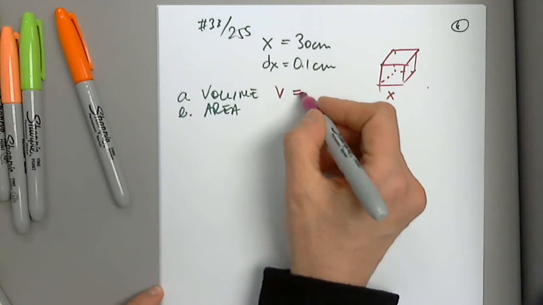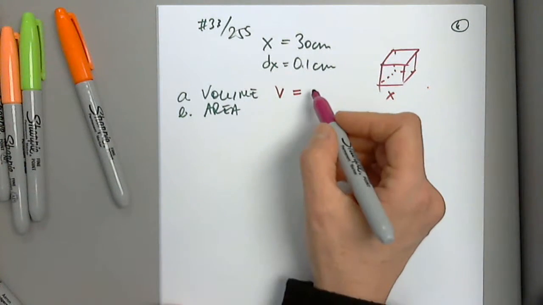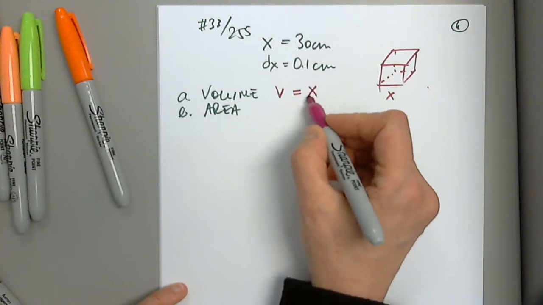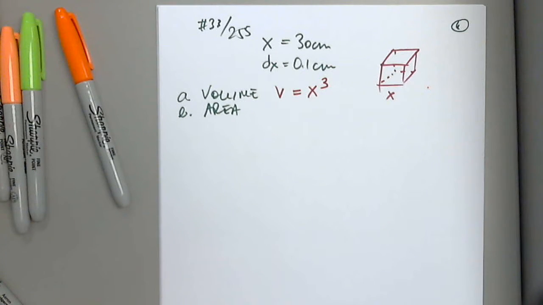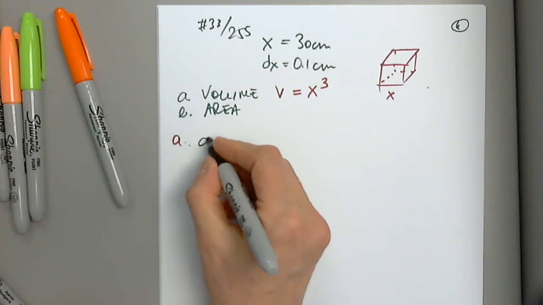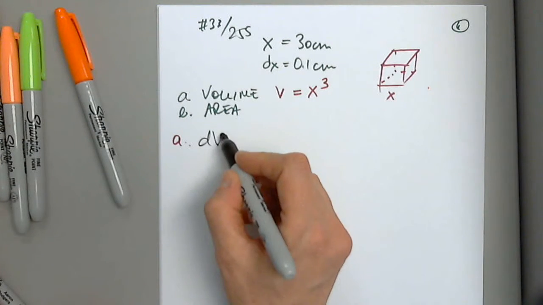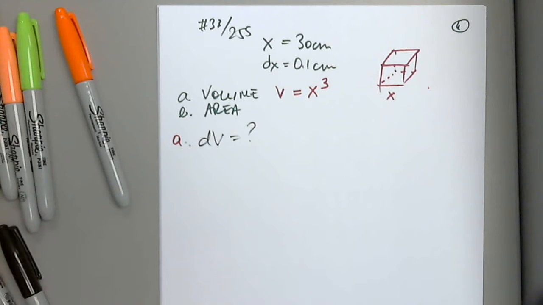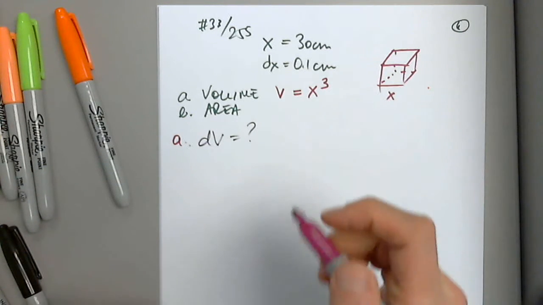The volume of a cube is x cubed indeed. So we are asked to find dy, but this time it is dV. We use the notation for volume.